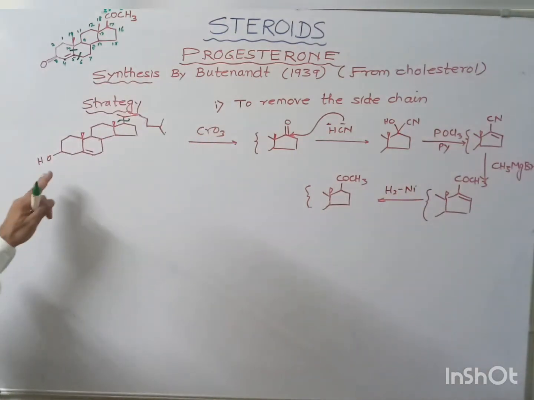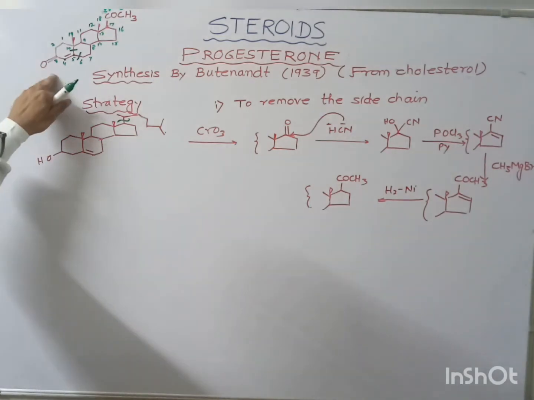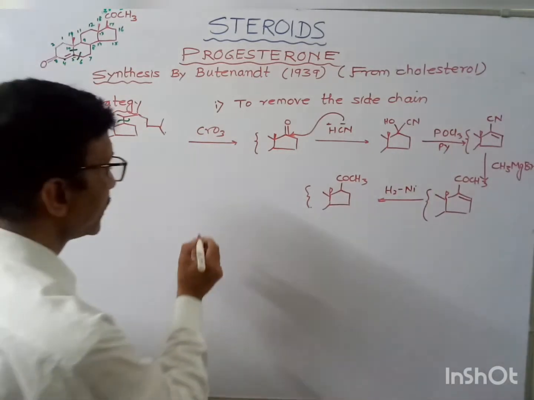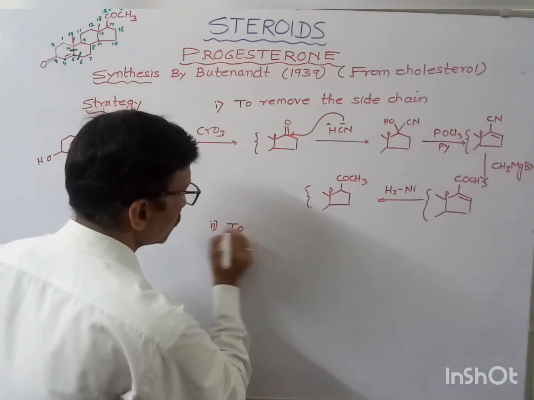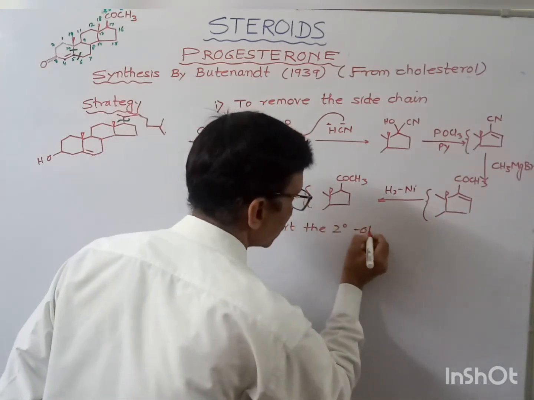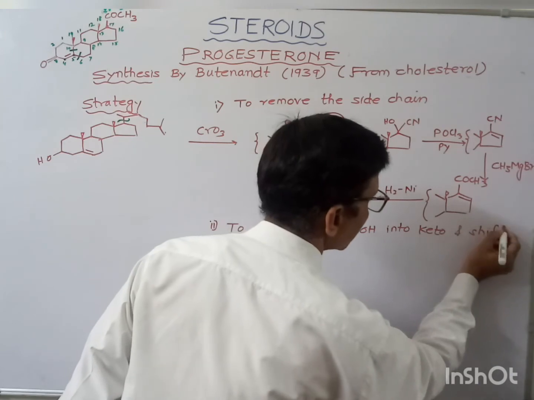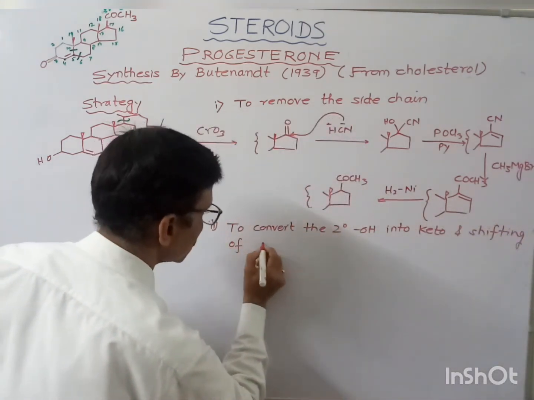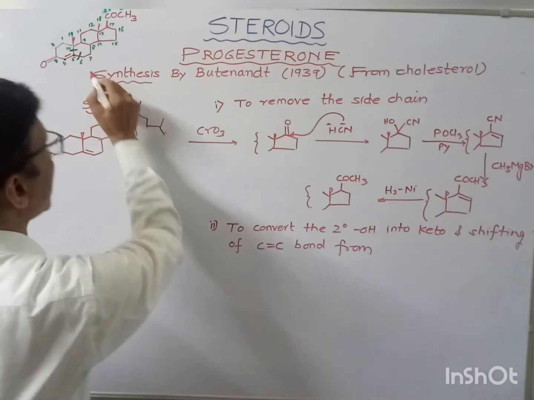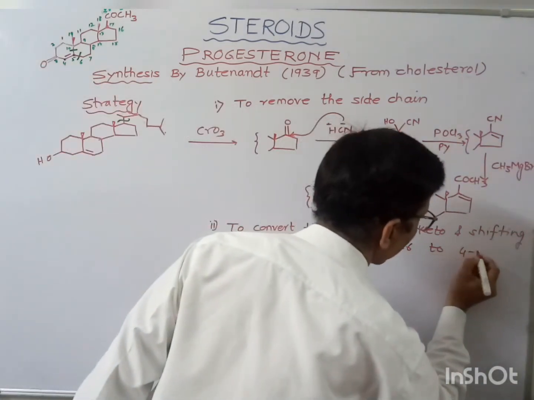And the second strategy: the secondary OH should be converted into the keto group, and the position of the double bond should be shifted from the 5-6 position to the 4-5 position.